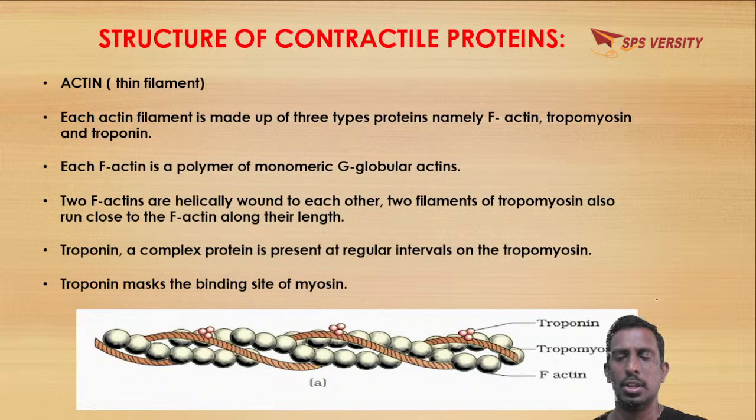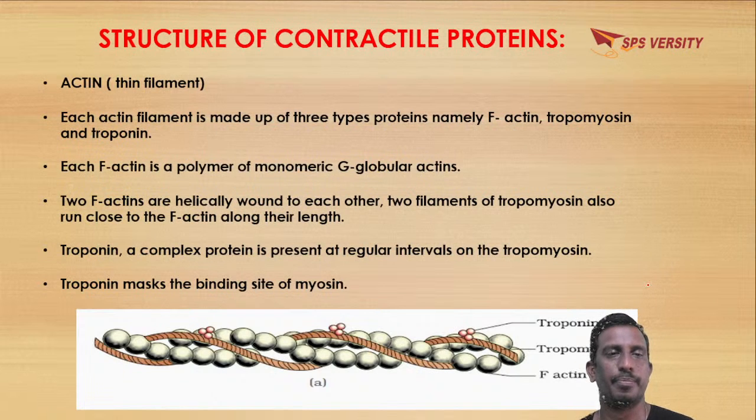So we have discussed that in a skeletal muscle there are muscle bundles, fascicles, and inside the fascicles there are muscle fibers. Inside muscle fibers there are actin filaments and myosin filaments. The thin filaments are called actin and the thick filaments are called myosin.